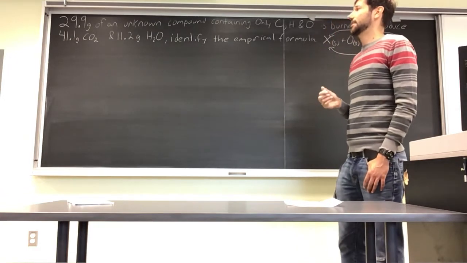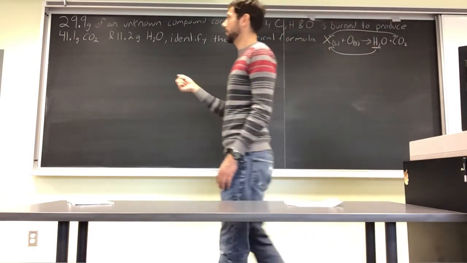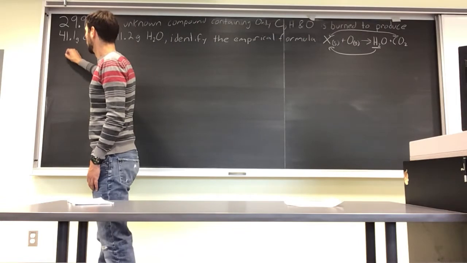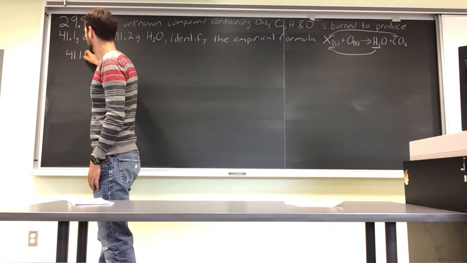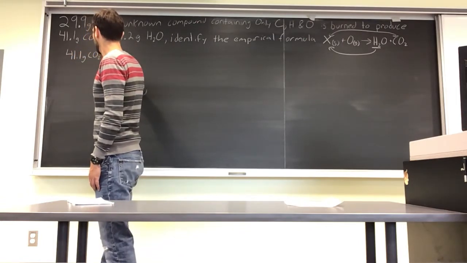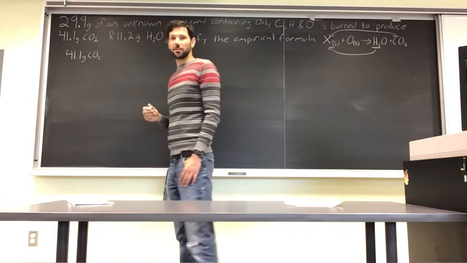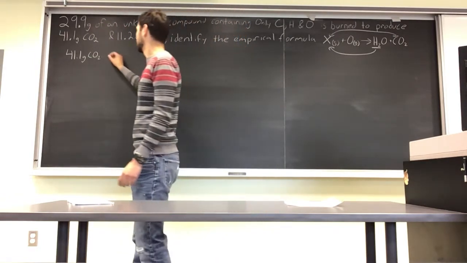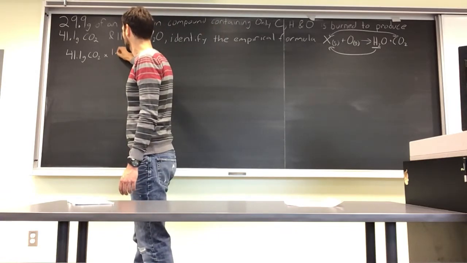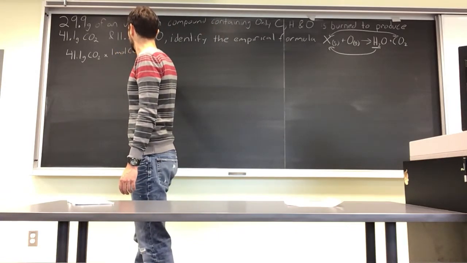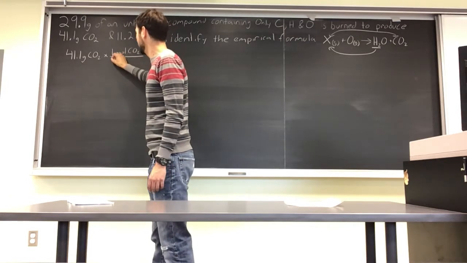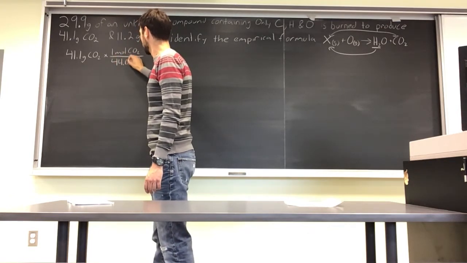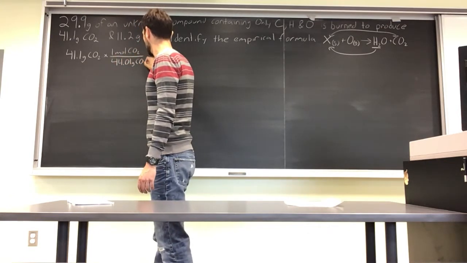So to begin, let's convert carbon dioxide to moles. So we have 41.1 grams of carbon dioxide. And in order to convert it to moles, we're just going to multiply by 1 mole over the molecular weight. So multiplied by 1 mole CO2 for every 44.01 grams CO2.